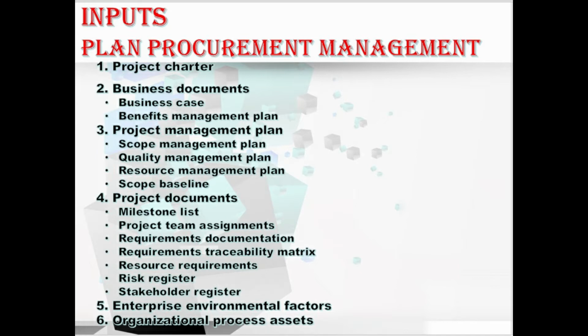Moving to the next input, we have the project management plan, which consists of the scope management plan, quality management plan, resource management plan, and scope baseline. Let me explain one by one. First, the scope management plan describes how the scope of work by the contractors will be managed through the execution phase of the project.